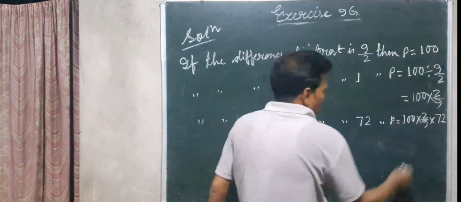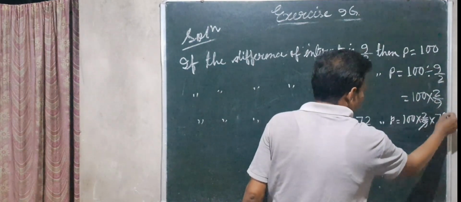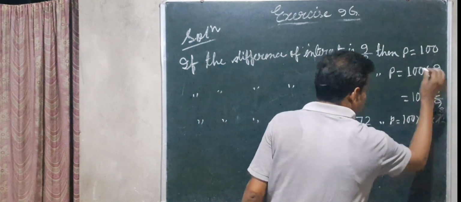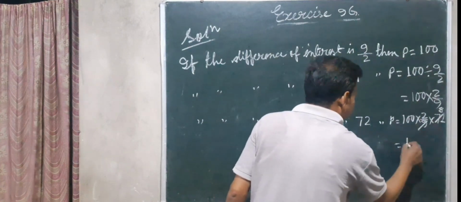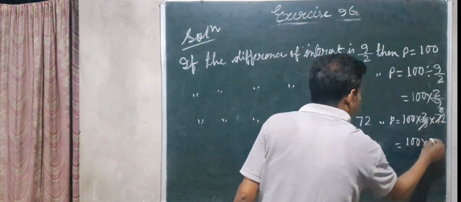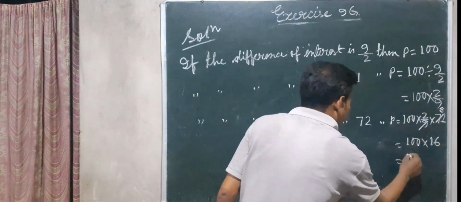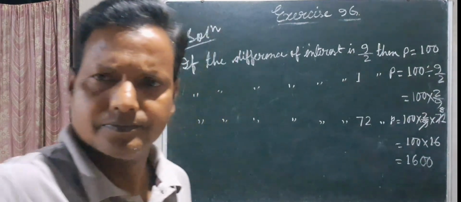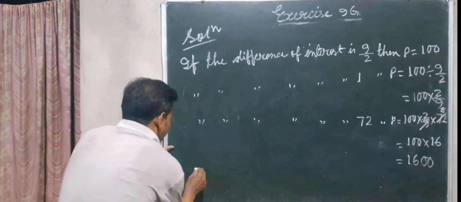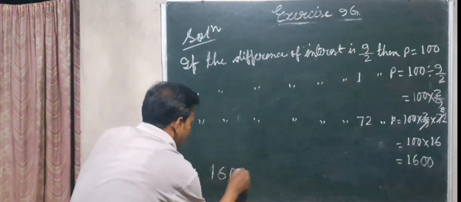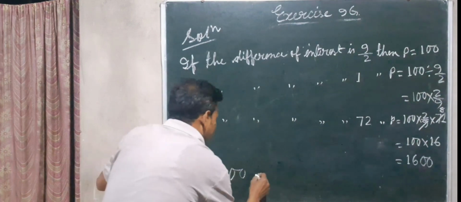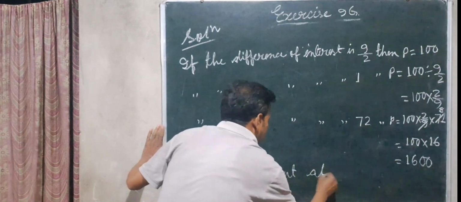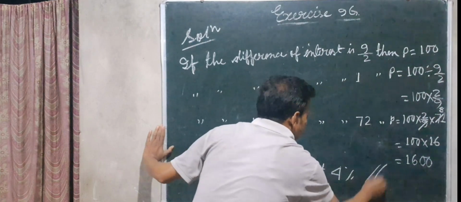Okay, 72 and 9 cancel out. 9 goes in 72 8 times. 100 multiplied by 8 times 2 is 16, so 1600. Therefore, 1600 rupees is lent at 4%. This is the answer.